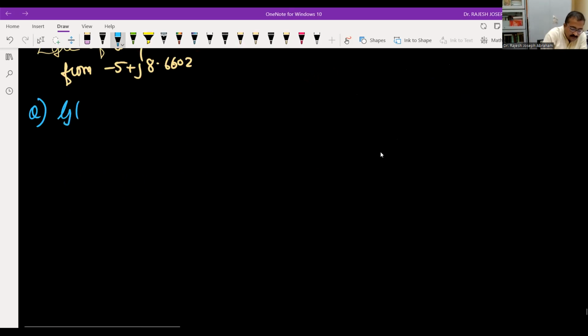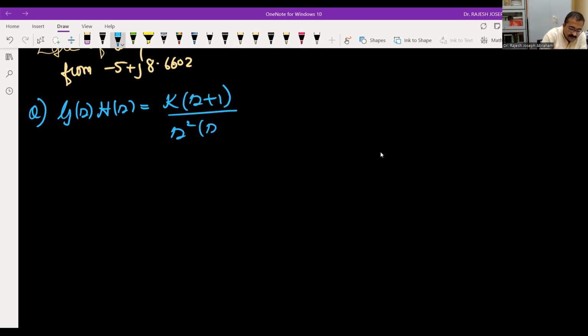G(s)H(s) equals K into (s plus 1) divided by s square into (s plus 2). So step 1: root locus starts at open loop poles.